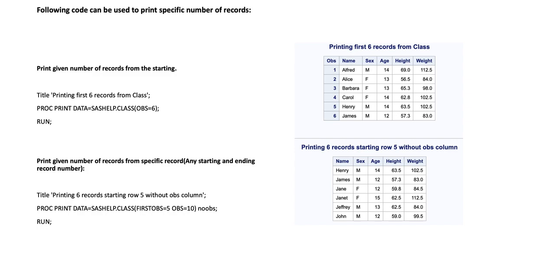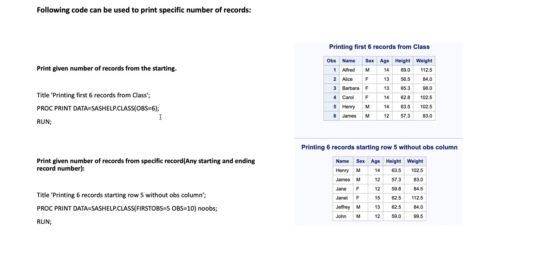First code: it prints from the start. That means it prints the given number of records from the starting. In this code, proc print data equals to sashelp.class, where sashelp is the libname, class is the name of the dataset, and in the option we use parenthesis obs equals to 6 parenthesis close.